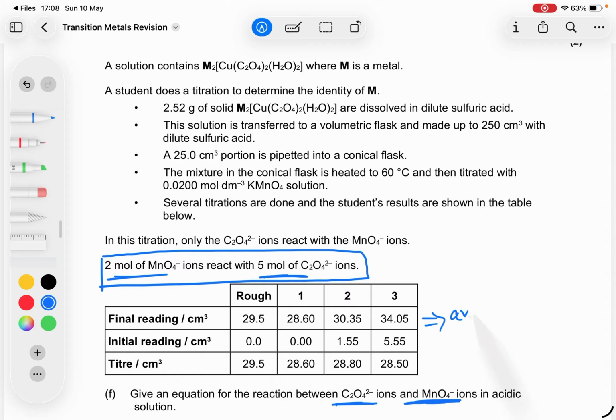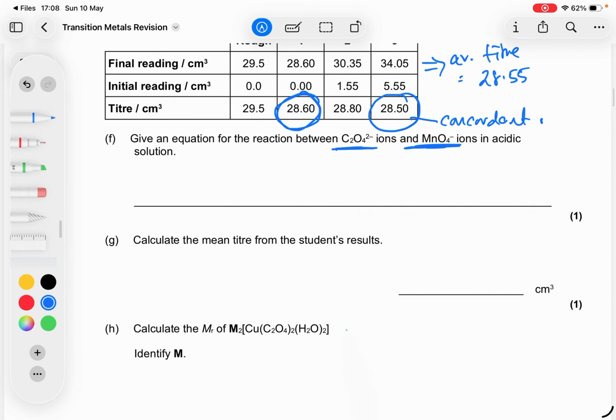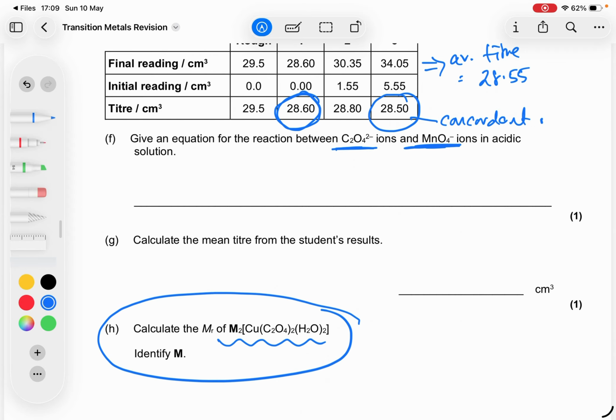The average titer here is titer 1 and titer 3, 28.55, because they are concordant. Next, the question is calculate the MR of the whole complex. So you're working out the MR of the whole complex.